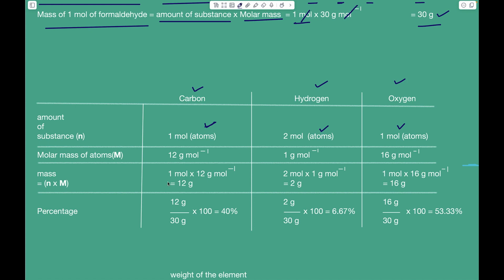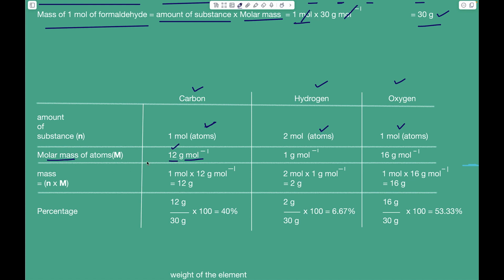Now, what is the mass of 1 mole of carbon atoms? For that, you need to know the molar mass of carbon atoms. Molar mass of atoms is equal to its relative atomic mass or atomic weight in grams per mole. And we know the atomic weight of carbon is 12.